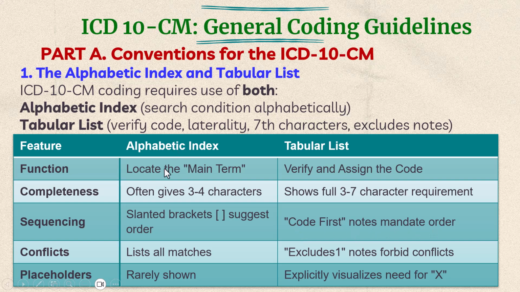The alphabetic index lists all matching conditions, but the tabular list gives you the Excludes 1 and 2 notes to forbid some conflicts. In the alphabetic index, no placeholders are shown, but the tabular list explicitly visualizes the need for the placeholder X. So in summary, the alphabetic index is to locate the main term, and the tabular list is to verify and assign the specific code for the condition.